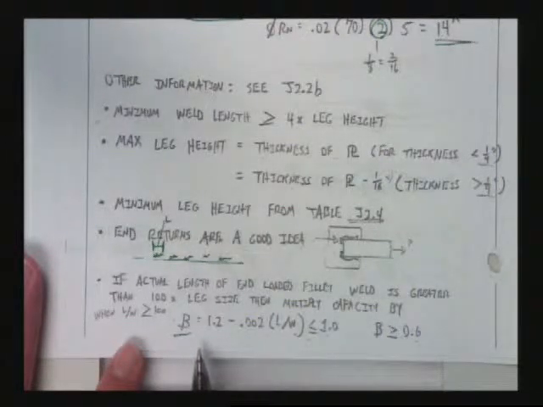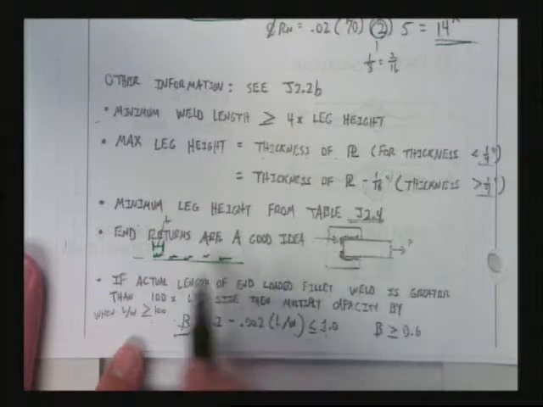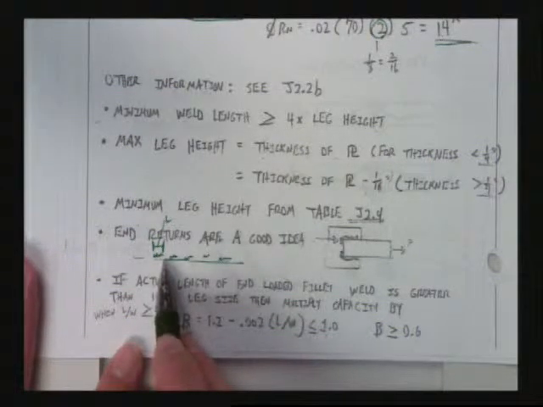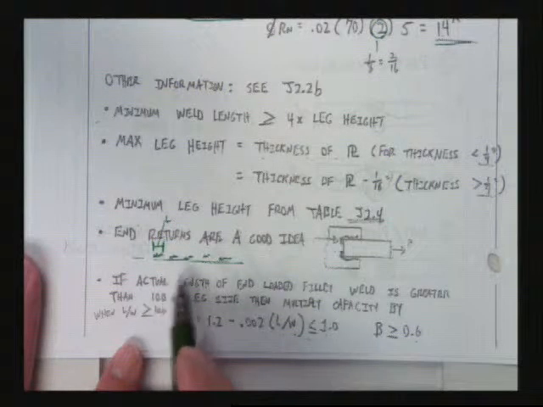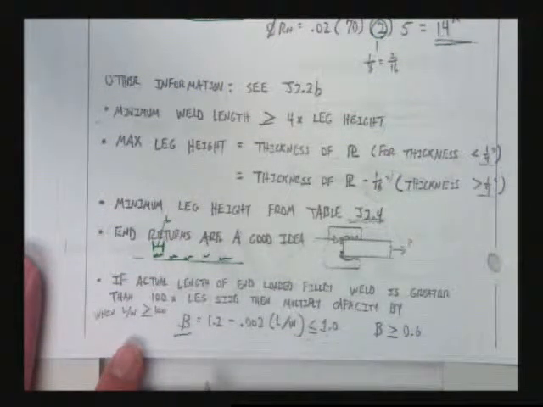I don't know if that's what AISC intended, for people to be able to start using stitch welds to get away from using this beta reduction factor, because it doesn't quite make sense to me that if I leave a millimeter gap between each weld, all of a sudden I don't have to pay attention to this anymore. Does that make sense what I'm saying? I don't think that's fair.